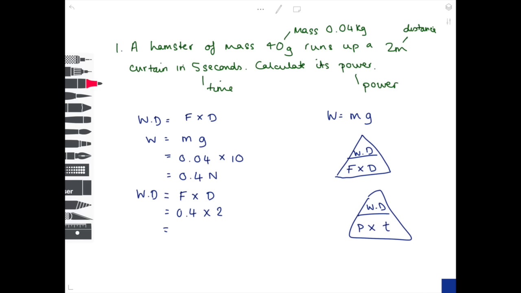Distance is 2 as given by the question, so the work done is 0.8 joules. And then finally we can work out power by doing work done over time. Look how I've laid out my answer with all my equal signs lined up, with all my working out shown. So the work done we know is 0.8. I'm only writing it here because I'm running out of space. Divided by time, which is 5. So that becomes 0.16. Don't forget your units for power, which is watts.